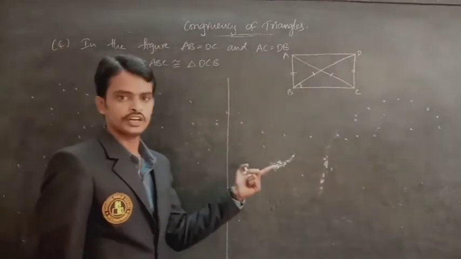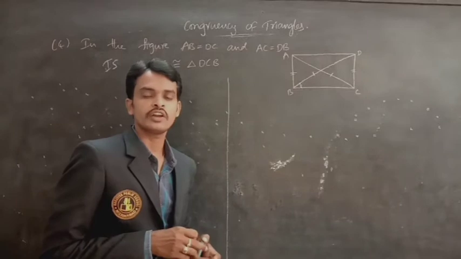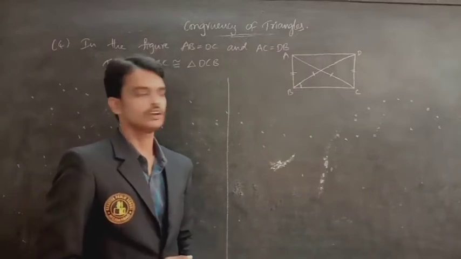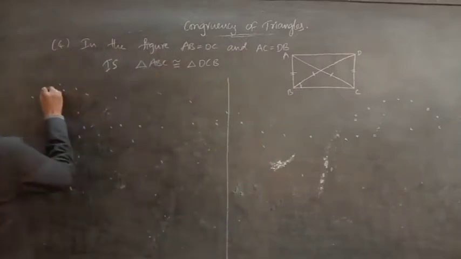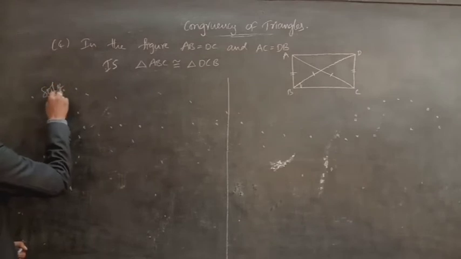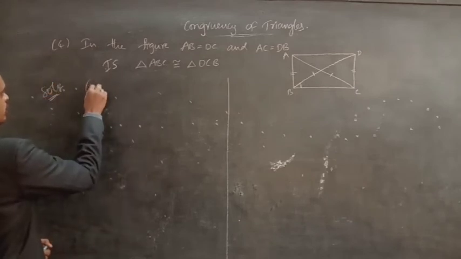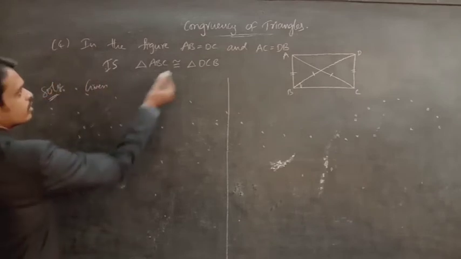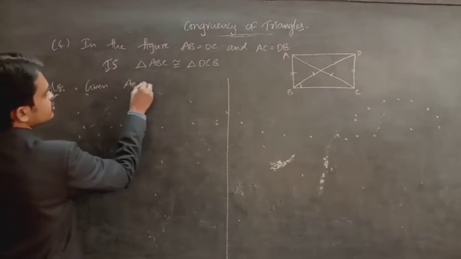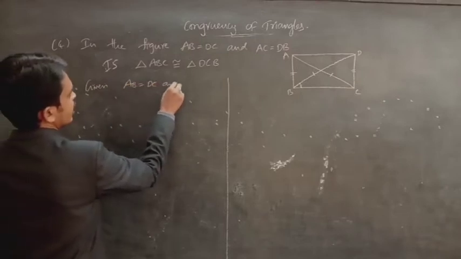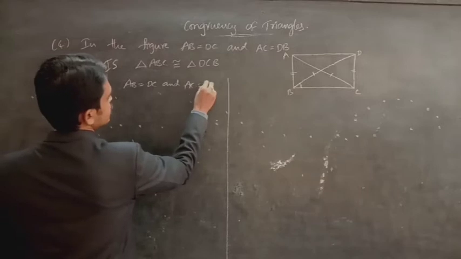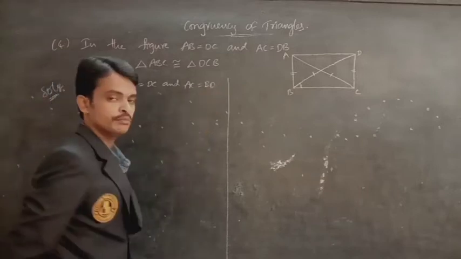So already we know that in a rectangle diagonals are equal. First, we should write what is given. Given AB is equal to DC and AC is equal to BD.